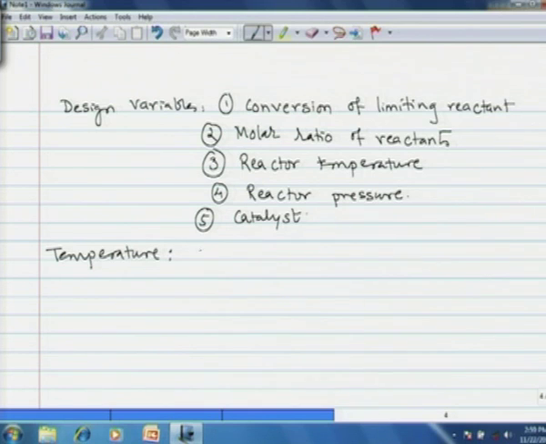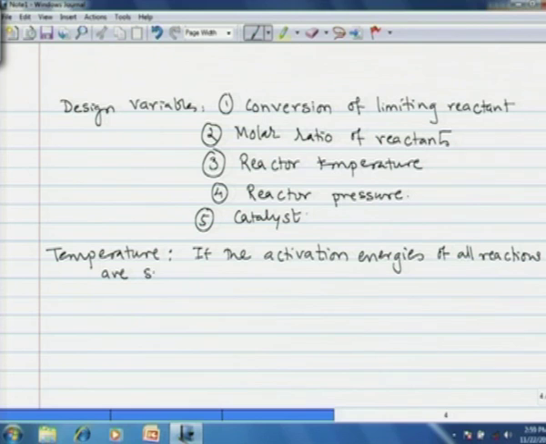So, that point we note, if the activation energies of all reactions are same or similar, the product distribution will not be affected by variation in temperature, because rates of all reactions that lead to different products will vary almost same with temperature.